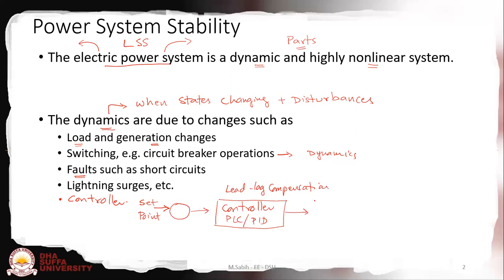This controller is ultimately going to do something about switching operations. On off, for example, the simplest is the on off of some kind of switches, breakers. It may be another final control element, for example, varied excitation voltage, or something else.